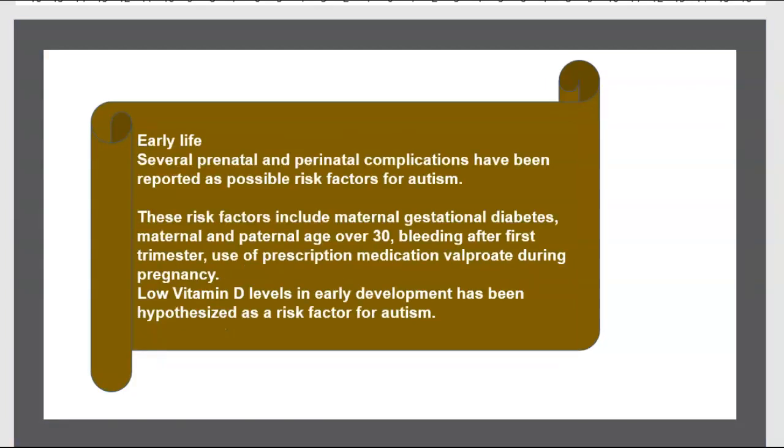In early life, several prenatal and perinatal complications have been reported as possible risk factors for autism.